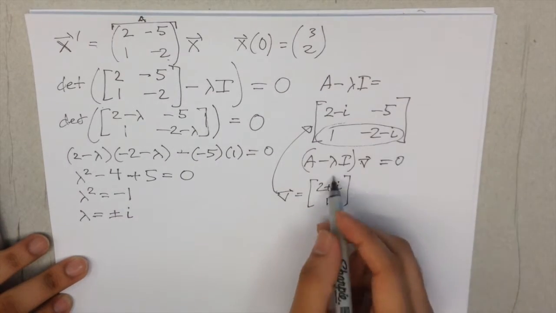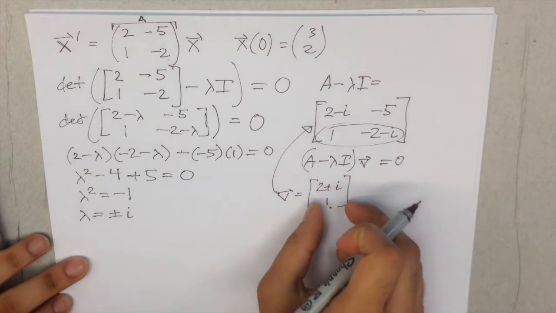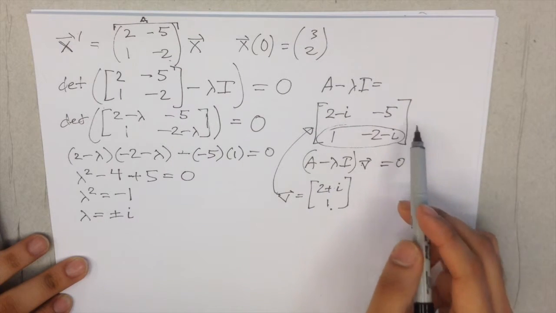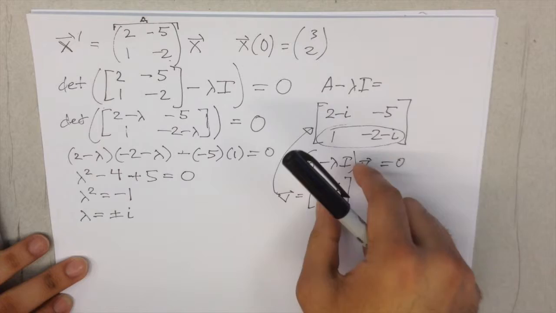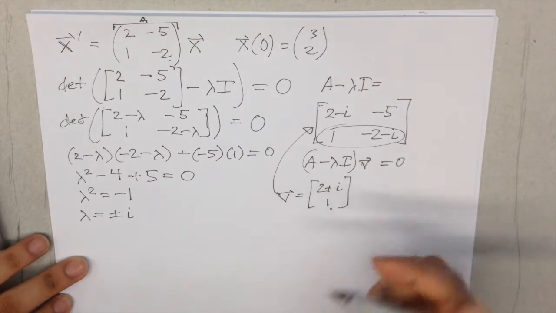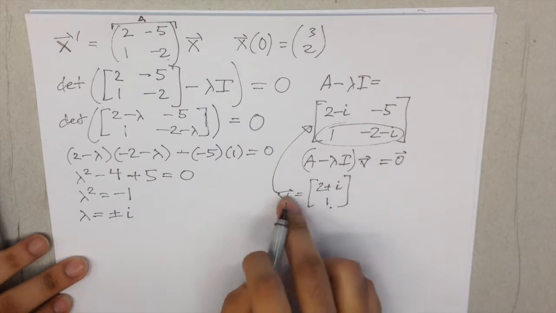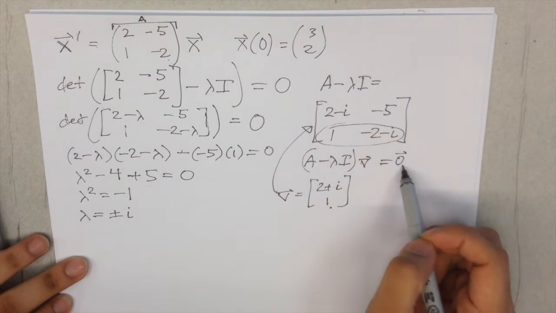So if I multiply this vector out, the first component will be 0, and the second component will also equal 0. So when we multiply this by A minus lambda I, we get 0 like we wanted.